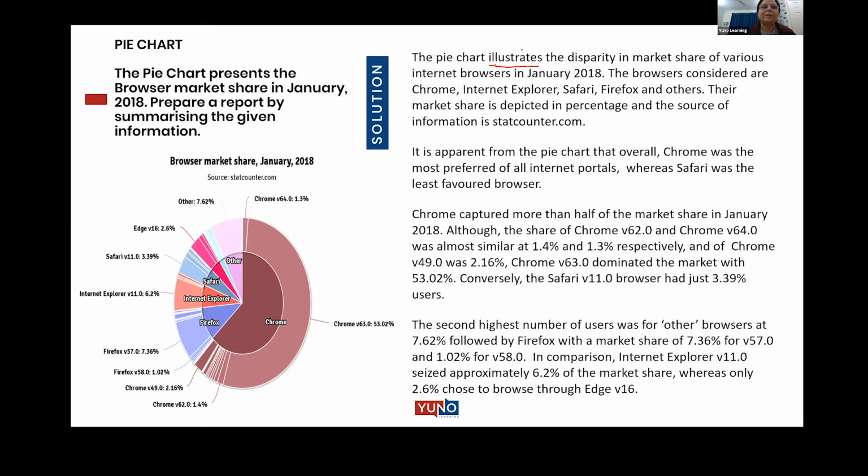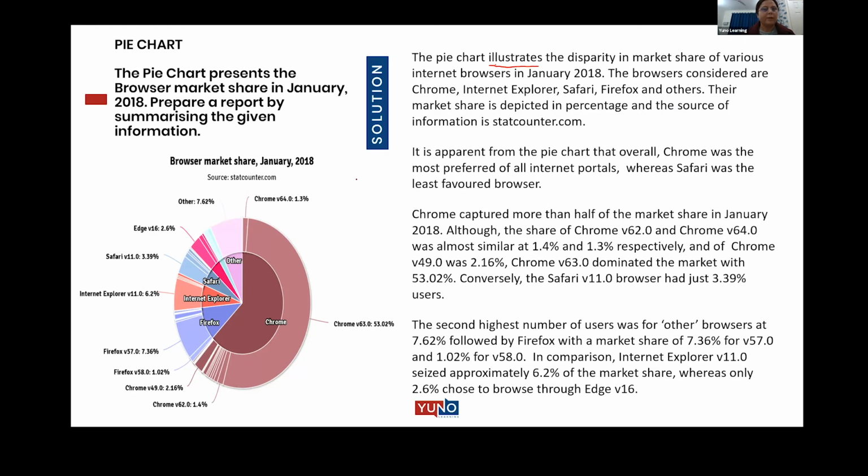The question, what does it illustrate? Browser market shares. Obviously, all did not get the same share. There was some disparity, some difference was there. So the disparity in market share of various internet browsers. Different browsers are there. If there are up to 7 names, we should mention them.